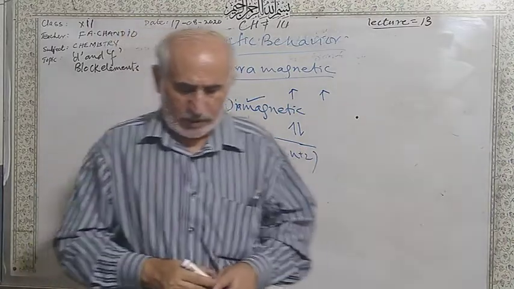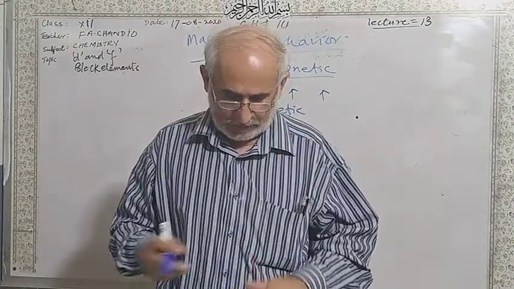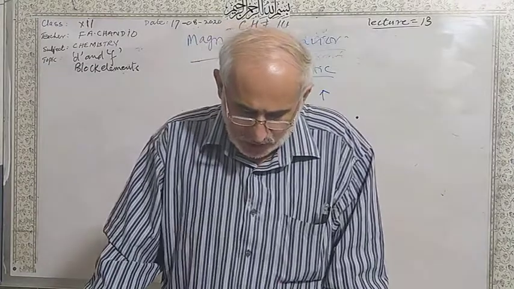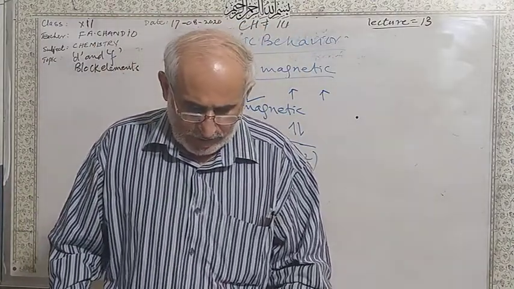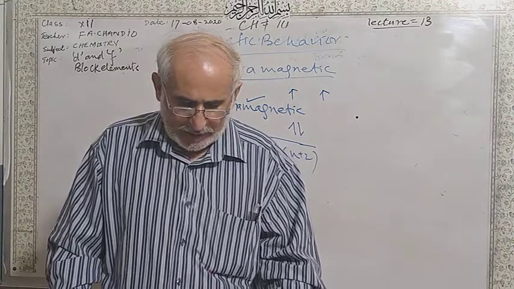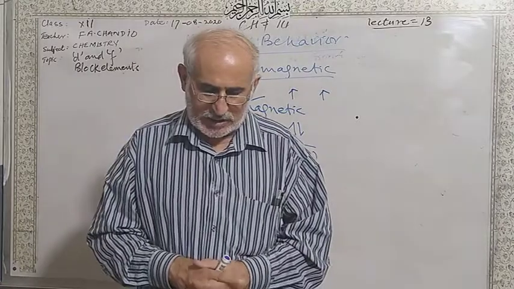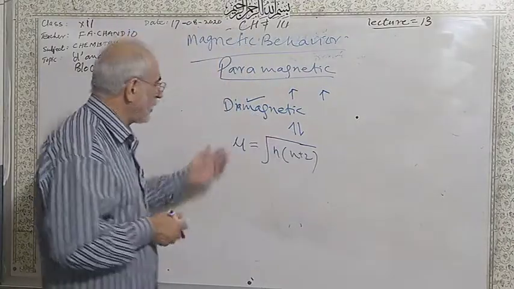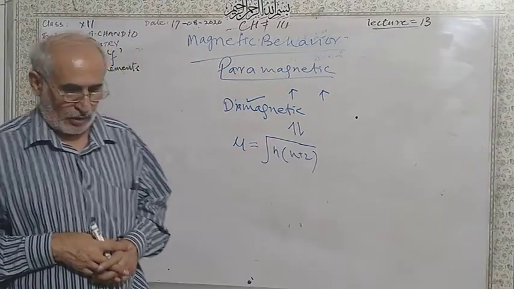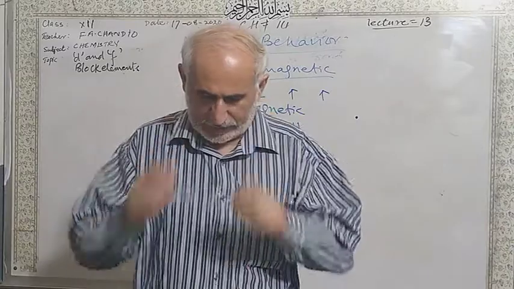So this is the formula you have to use for magnetism. It is measured in Bohr magneton, BM. By measuring the magnetic moment, the nature of transition metals, compounds and the oxidation state of the transition metals can be calculated using this formula. So dear students, this is called magnetic behavior.